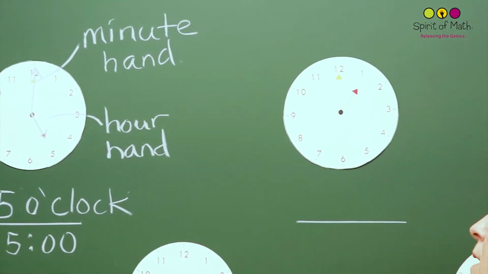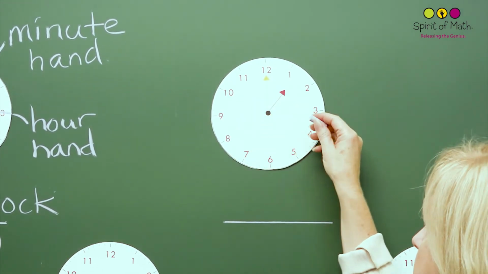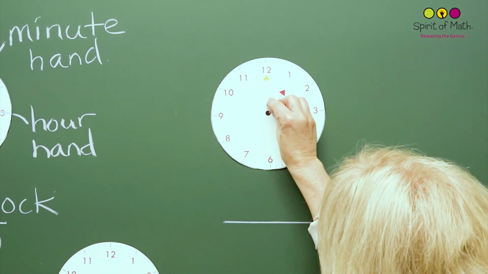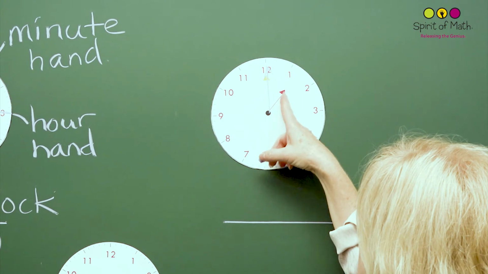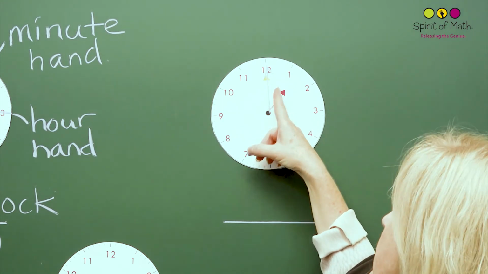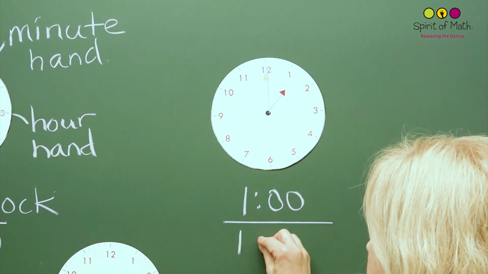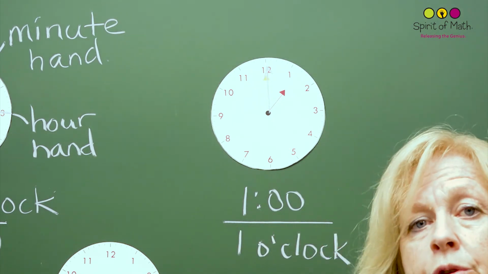Okay? Let's go to the next one and see what o'clock it is. Okay, and we're going to be right on the hour. And this is what we say, it's right on the hour, it's not a little past. So for this one, the big hand is pointing up again. The little hand is to the 1. So this is 1 o'clock, or you could say 1:00. Those are both correct.